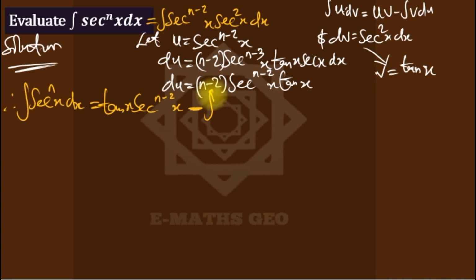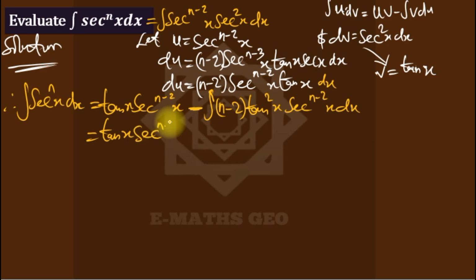So v is this and du is this, so we have n minus 2 tan squared x sec x to the power n minus 2 dx. From the Pythagorean identity, remember, 1 plus tan squared is sec squared.